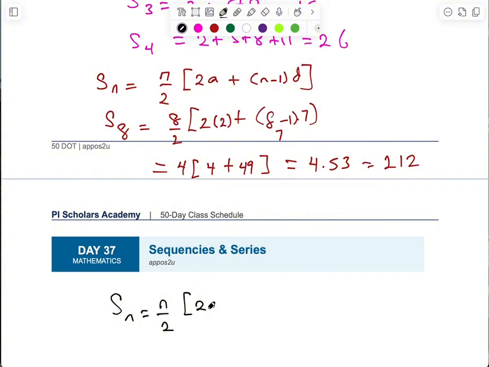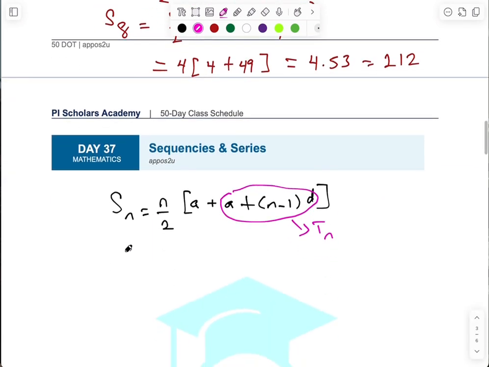If I split the 2a into a plus a, plus n minus 1 times d, you will observe that the part a plus n minus 1 times d represents your Tn, the last term. So therefore, Sn becomes n over 2, then a plus L, where L is the last term. If you know the value of the last term in that sequence, you can always use this as well.